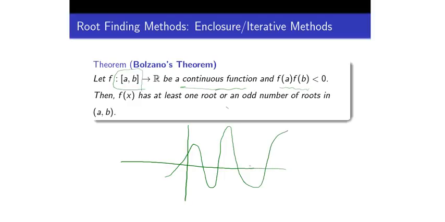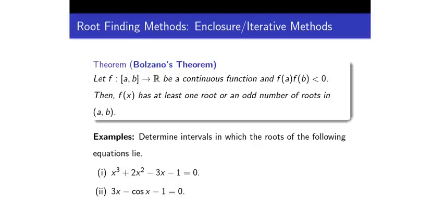This is your f of a, this is your f of b. So how many roots can you see in the interval? You will see an odd number: this is 1, this is 2, this is 3, this is 4, and this is 5. So Bolzano's theorem gives you at least one root, or an odd number of roots, in the open interval (a, b). Okay, so let's see this problem here.